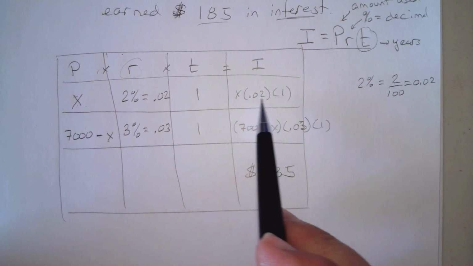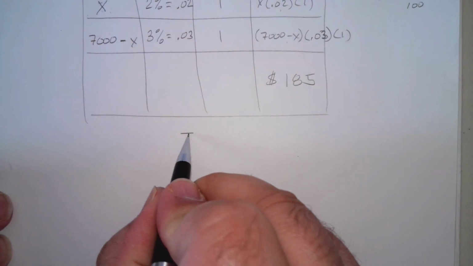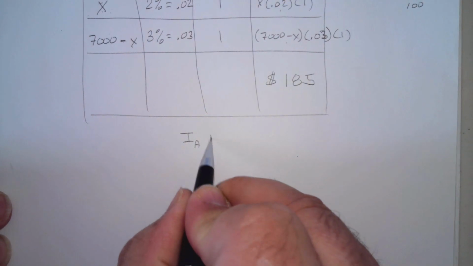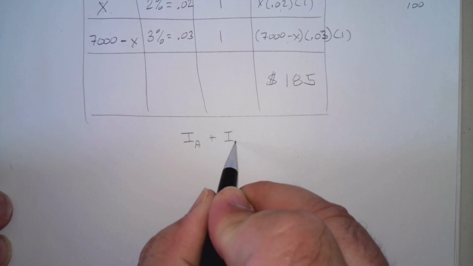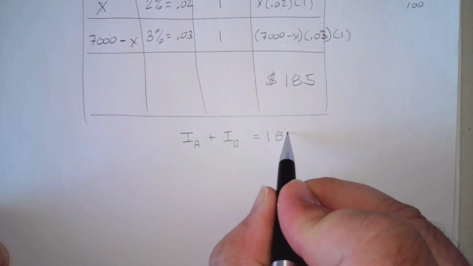So how do we get that? We have to take this one and add this one to it. So all this is saying is the interest at 2%, we'll call it A, and then interest at 3% has to equal 185.